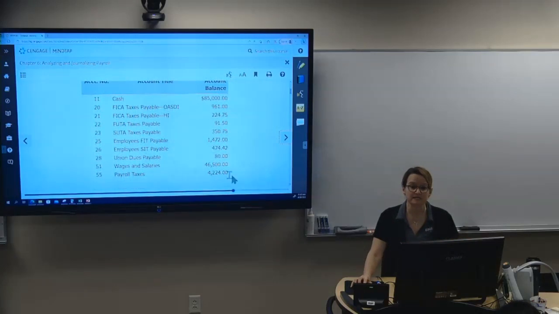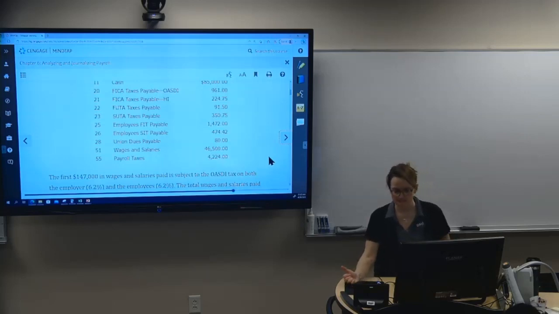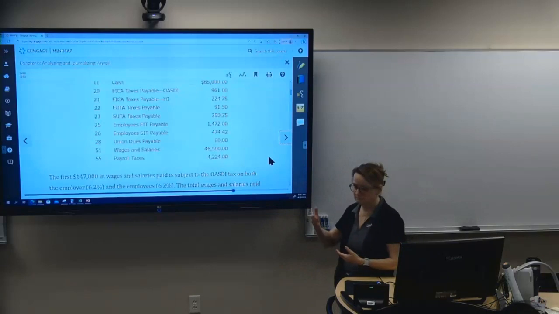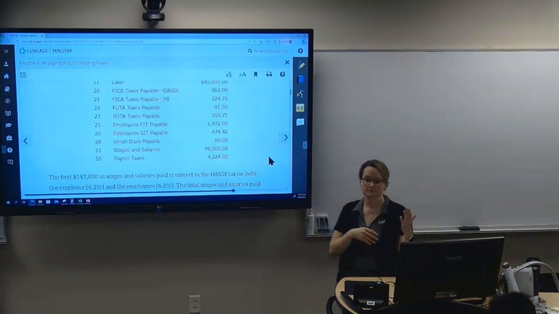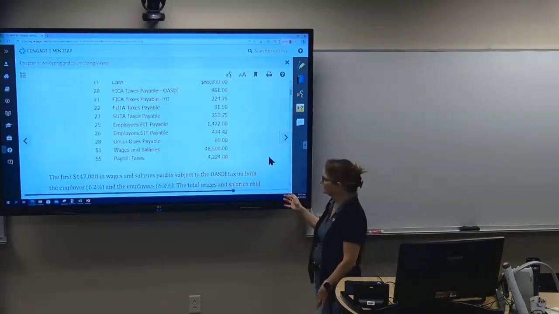Federal income taxes payable, state income taxes payable, union dues payable, wages and salaries. Now they don't have payable on here, but these would be payables. These are all going to be permanent accounts. If you think back to your accounting class, these amounts would carry forward to the next period, so they would be permanent accounts.